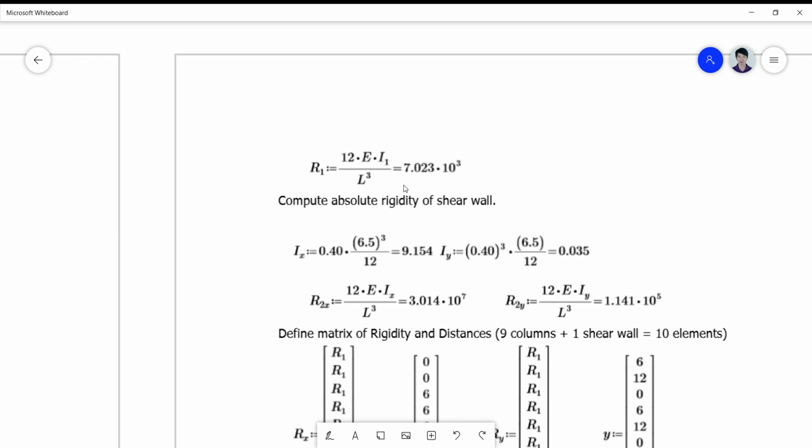Okay, so for the absolute rigidity of the shear wall, we have here your Ix, which is 0.4 times 6.5 cubed divided by 12, and for your Iy you have 0.4 cubed times 6.5 divided by 12.